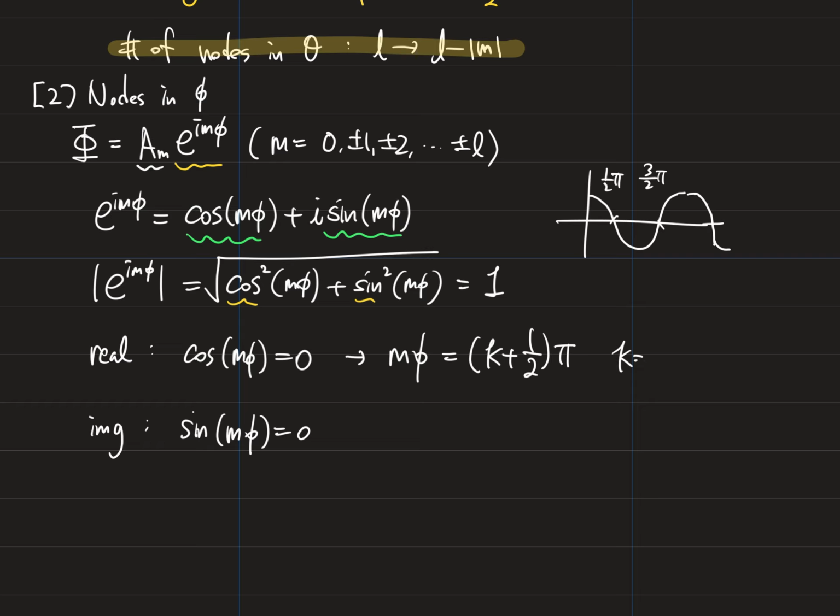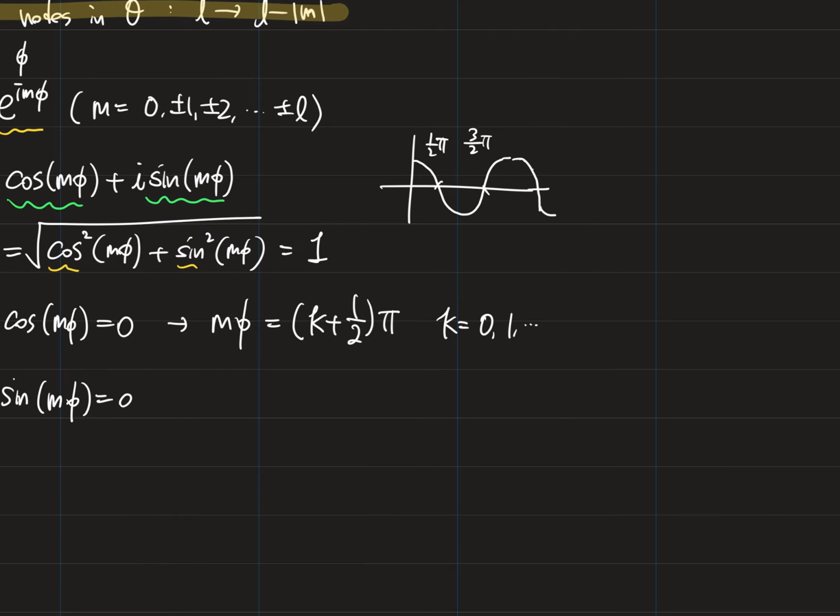So k should be 0, 1, dot dot dot, up to 2m minus 1, because P corresponds to a rotation on the xy plane. One rotation of P corresponds to 0 up to 2 pi.